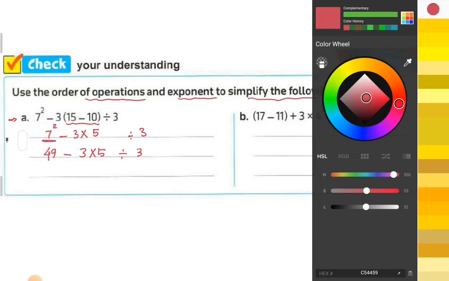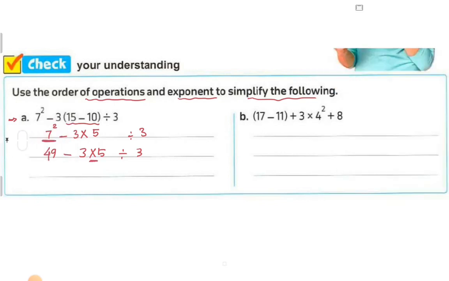First multiply, then divide. So 3 by 5 equals 15. Now we have minus and divide, and of course first divide: 15 divided by 3. What number times 3 equals 15?